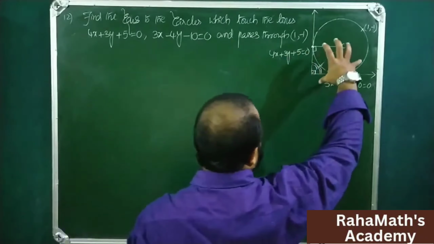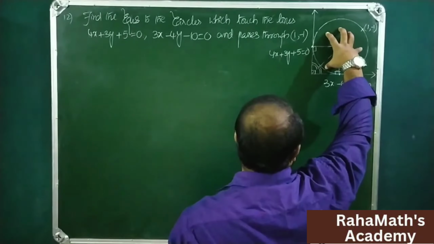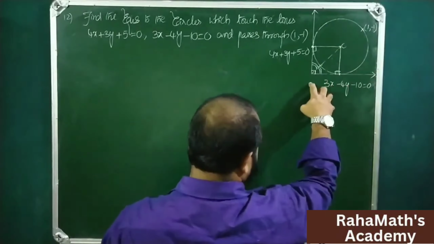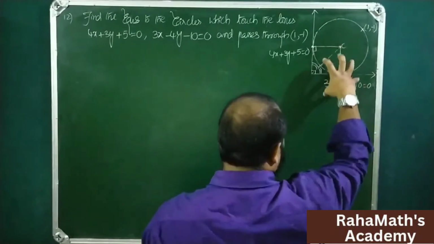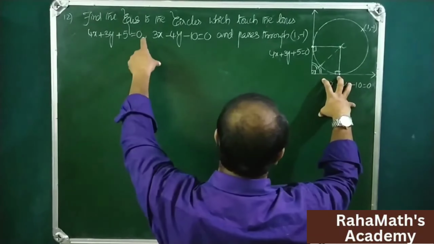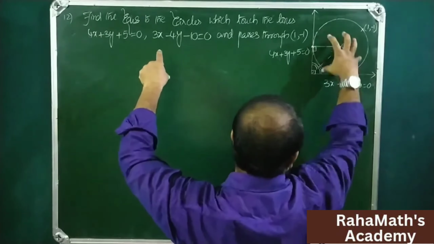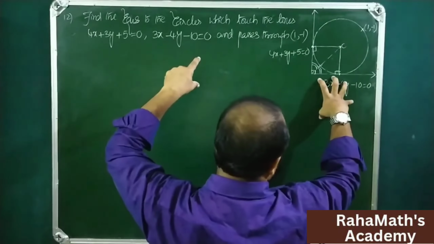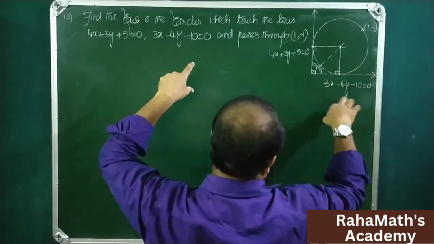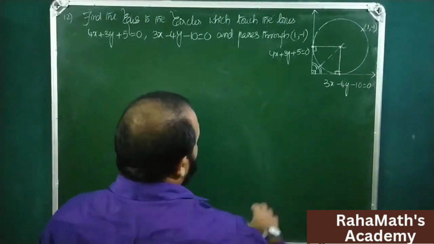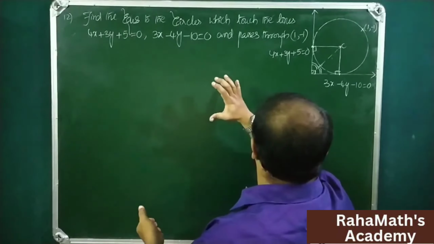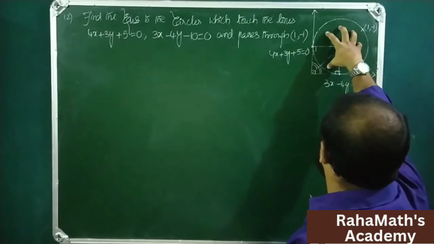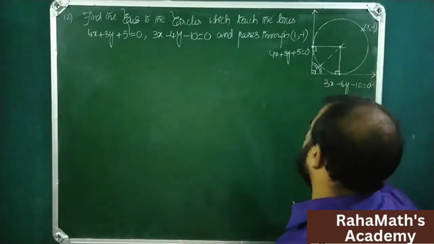Let us suppose that this is the circle, and there is also a possibility of another circle like this, and if you extend this line, there is a possibility of another circle as well, fulfilling the condition that the circle touches these lines. So let us confine to one situation only for convenience. This circle is passing through 1 comma minus 1.